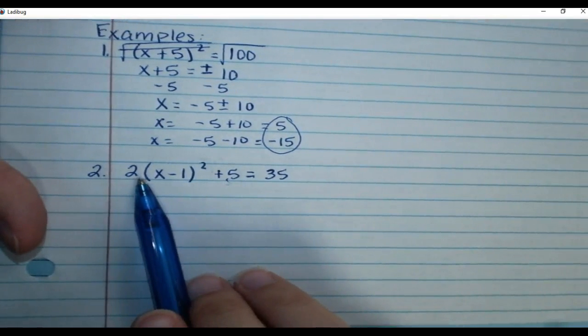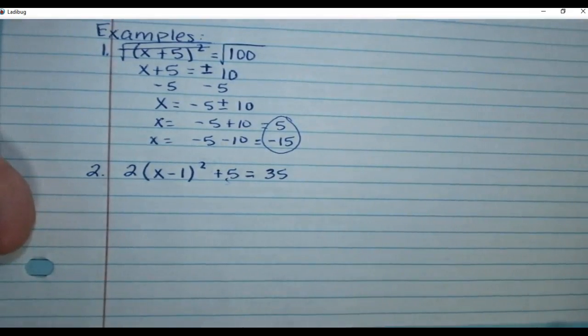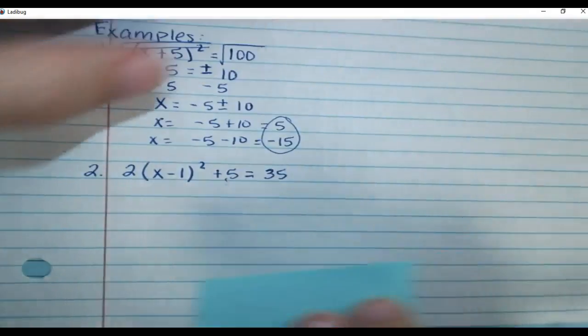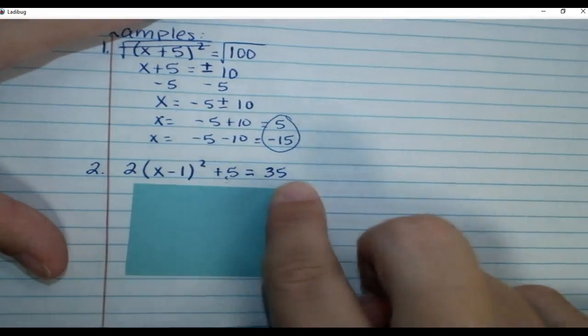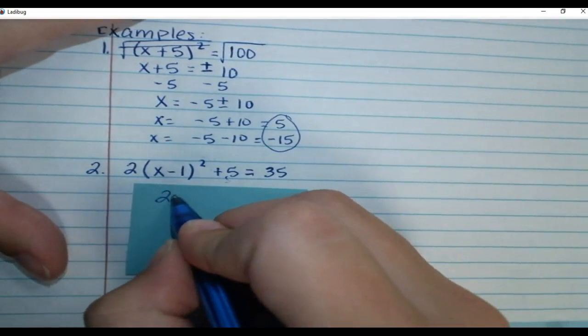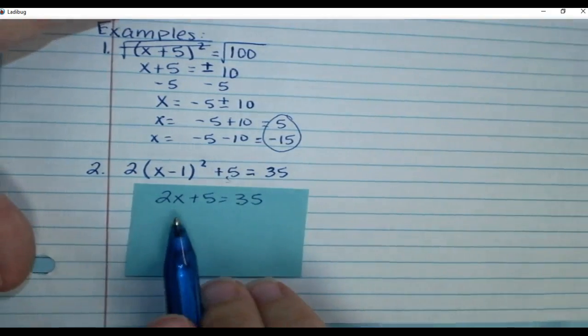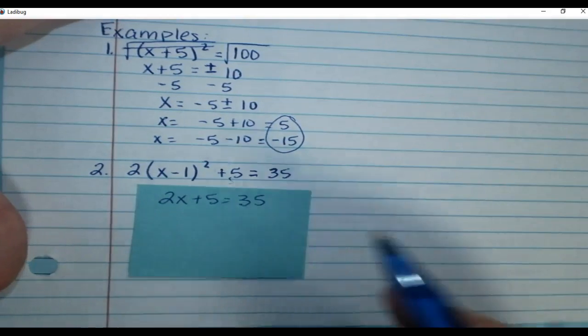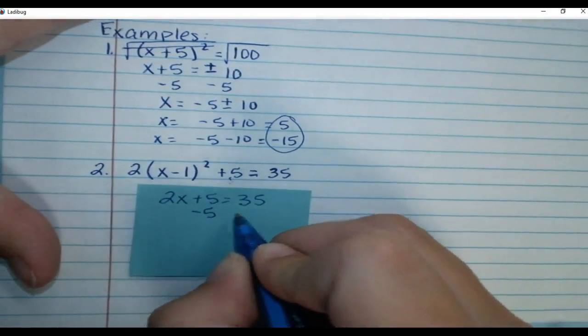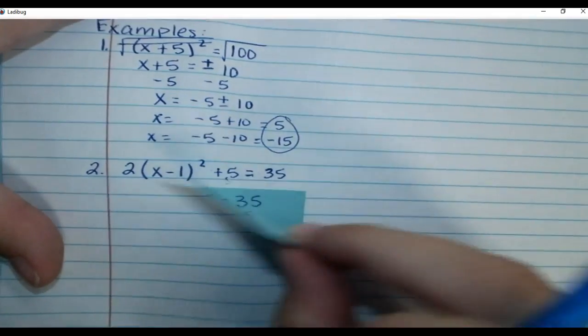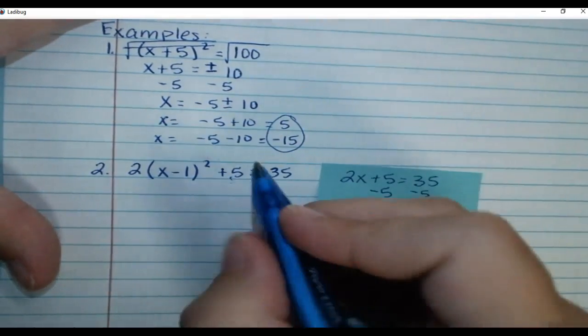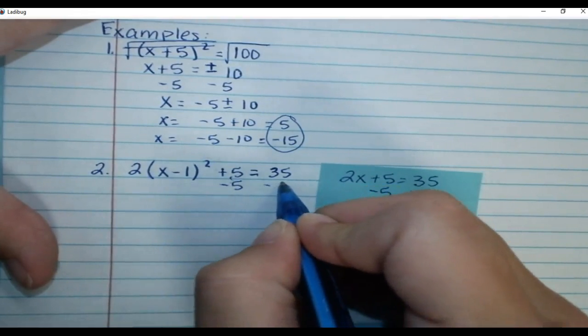Well, I can't do that because I have that 2x. Look. Think about if we had 2x plus 5 equals 35. What would be the first thing I do on this one? Minus 5. So we're going to do the same thing on this one. Okay?